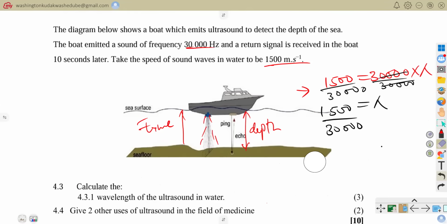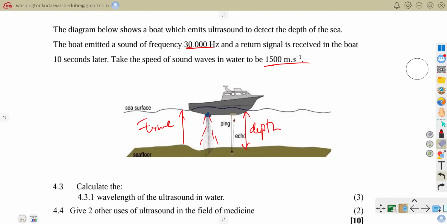So let me just repeat what I've just said so that someone can follow how we're supposed to calculate this wavelength. I would say that V is equal to F times lambda, and then lambda would be given by V over my frequency.